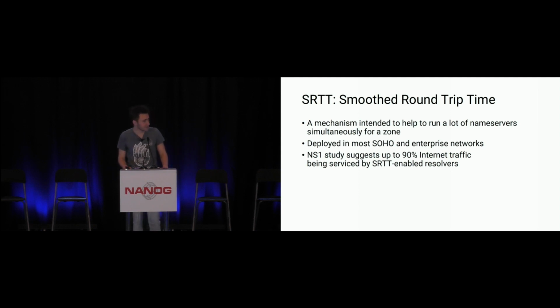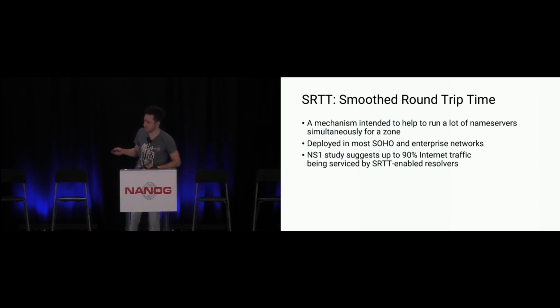Introducing SRTT, which is a smooth round-trip time. This is a mechanism built into a lot of resolving DNS servers, and already deployed in most small office, home office, and even enterprise networks, mostly accidentally, by the way. An NS1 study suggests that though only about 50% of DNS resolvers on the internet have it, those 50% of resolvers actually account for up to 90% of internet traffic.